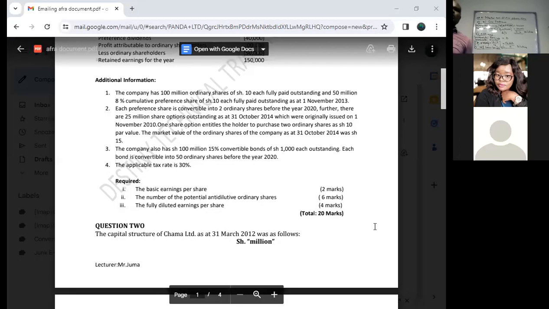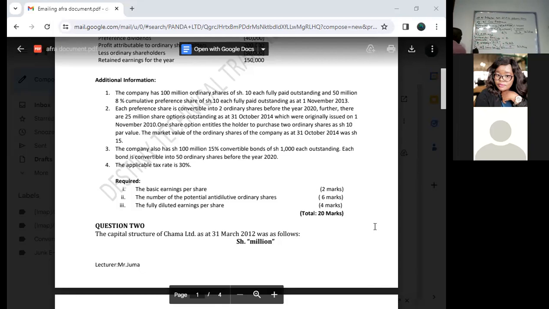So the last note, the company also has shillings 100 million, 15% convertible bonds, of shillings 1,000 each outstanding. Each bond is convertible into 50 ordinary shares before the year 2020.